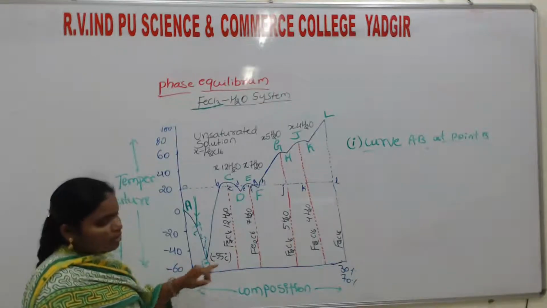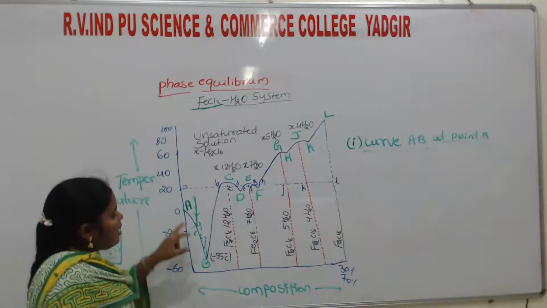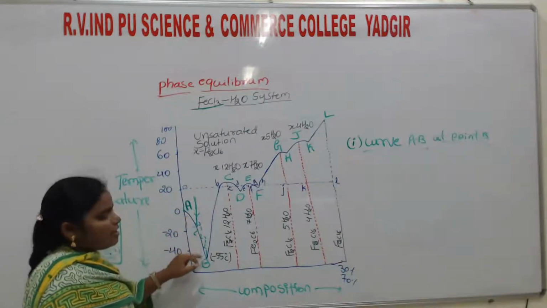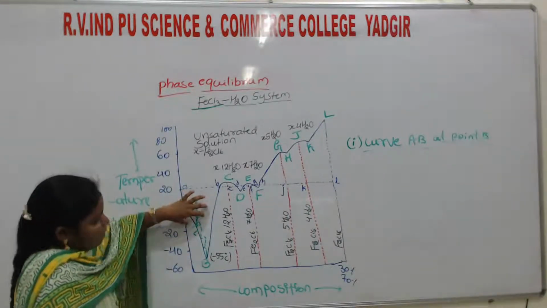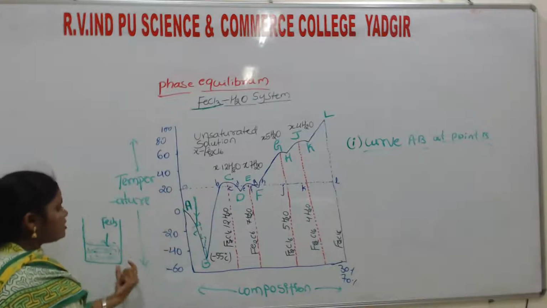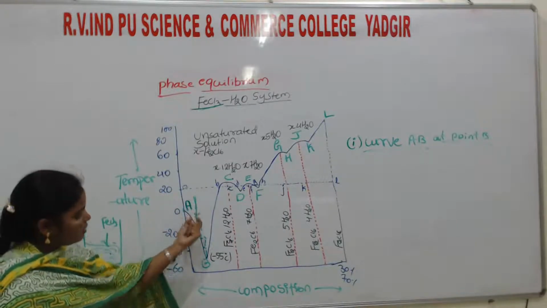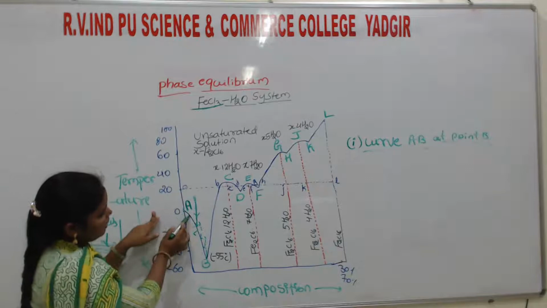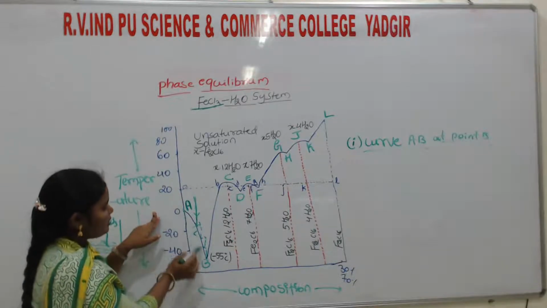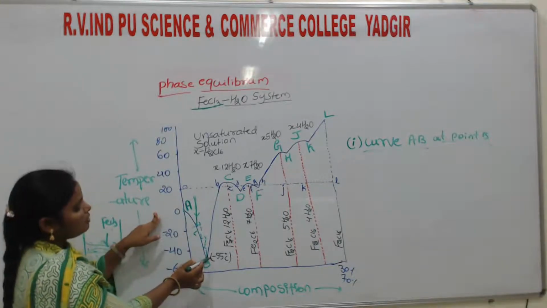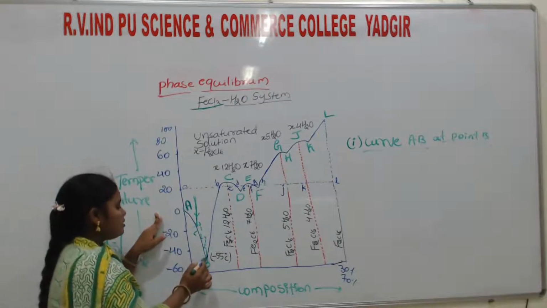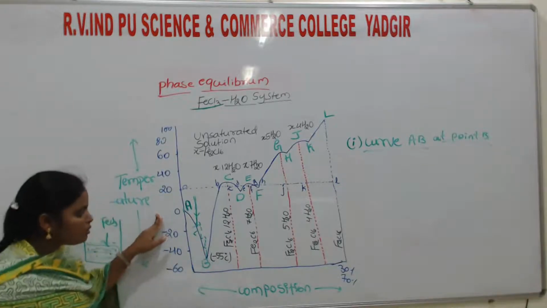This temperature is minus 55 degrees Celsius, and this curve is known as the freezing curve. As you add FeCl3 the temperature gradually decreases along this curve until it reaches the eutectic point, where a new solid compound starts to appear.